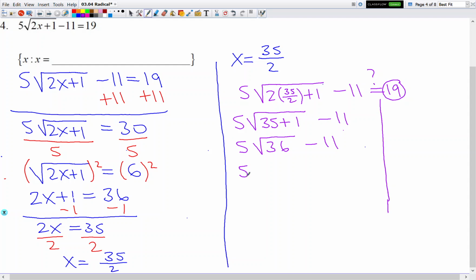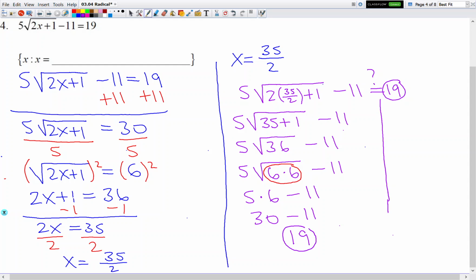Then I'm going to break apart the 36 to be 6 times 6, which they match. And because they match in a square root symbol, I can circle them. And they're going to jump outside and join the 5 that's waiting patiently for them. So it's going to be 5 times 6 minus 11, which becomes 30 minus 11, which becomes 19.